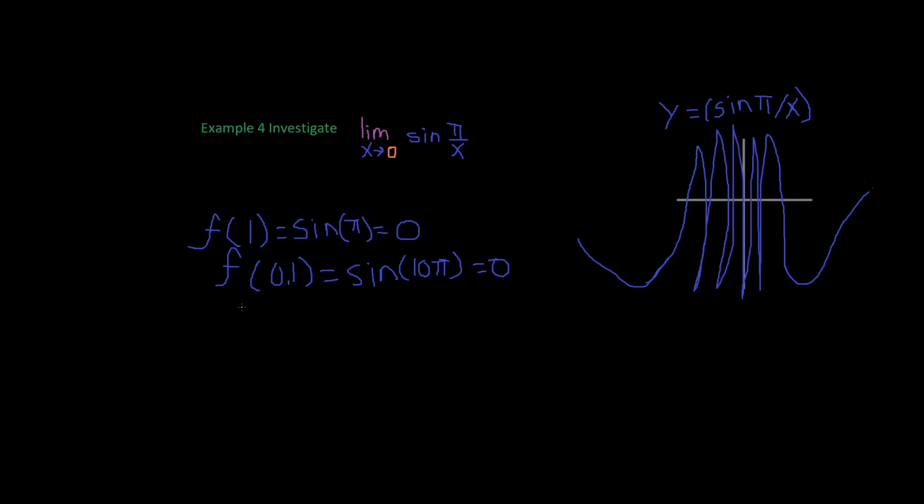And let's just say we started plugging in fractions like 2 over 5. Something like this you might want to plug into your calculator. But let's say you did 2 over 5. That ends up giving us 1. So I want you to take note that this gives us 1. And so now it doesn't appear as if our given limit is approaching 0. It looks like it's approaching 1.